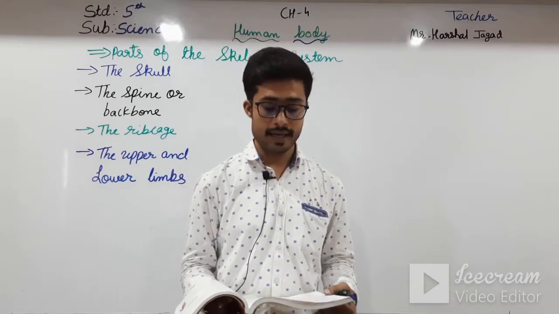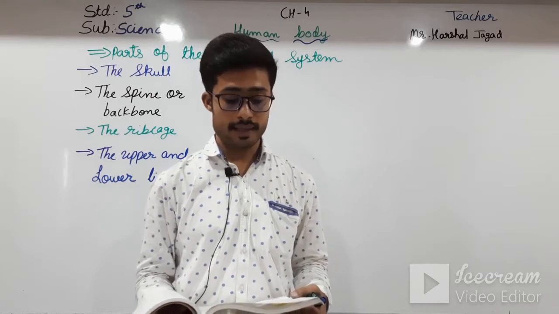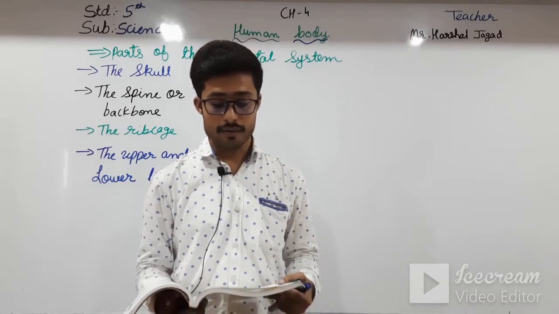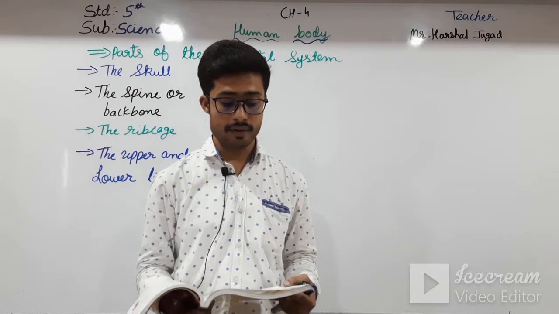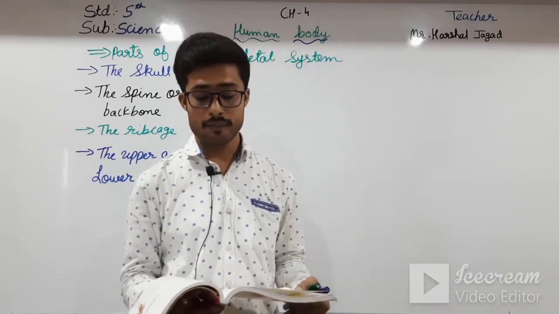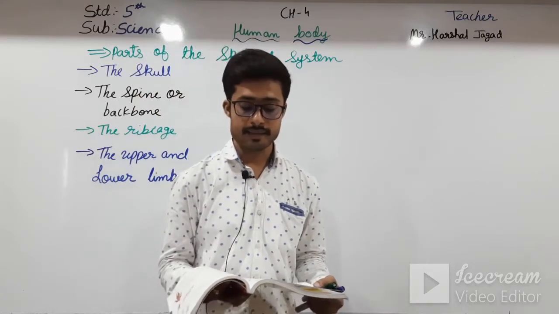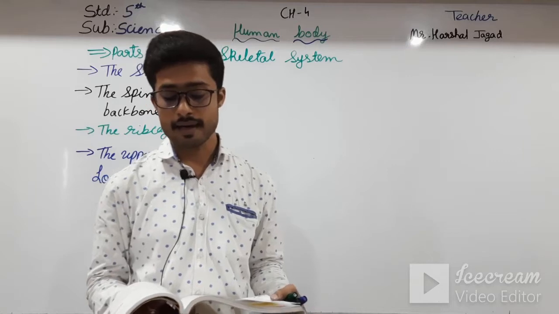The wrist has 8 bones, the palm 5 and the fingers 14. You can count the bones and the joints in your figure. See here, the figure of the upper limb or upper arm is given below. You can see how these are adjusted.